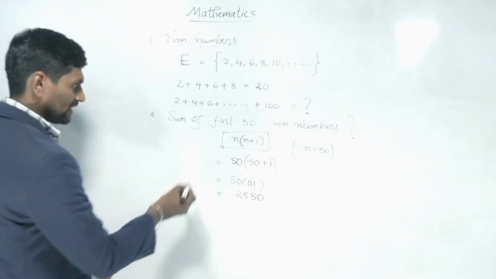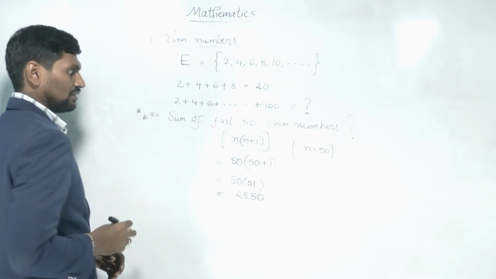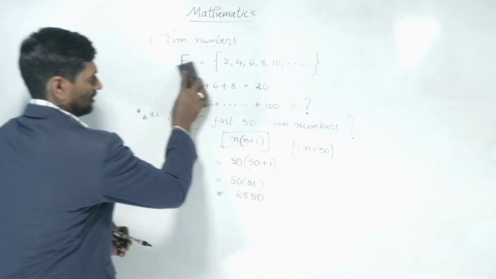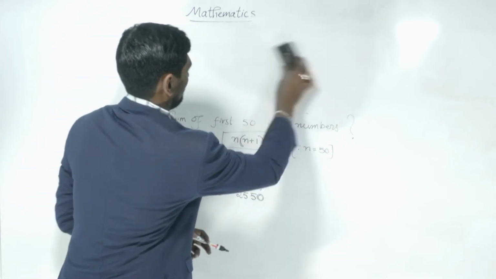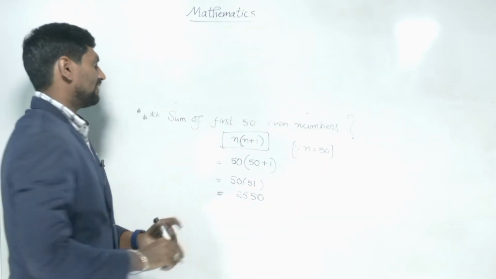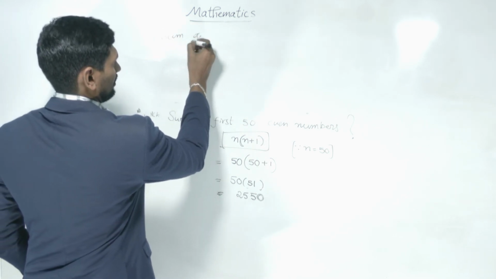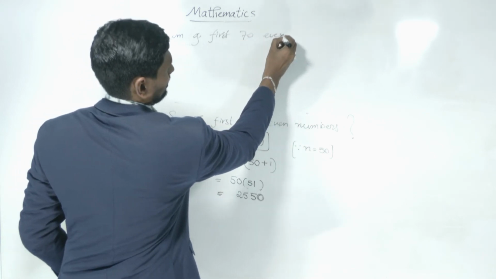Now, very, very important this one. In the same way, by using this, find the answer for the sum of first 70 even numbers.